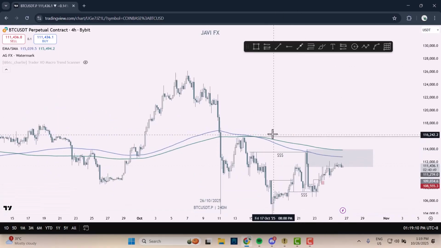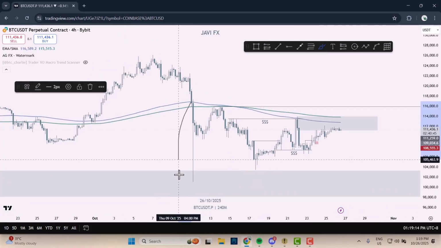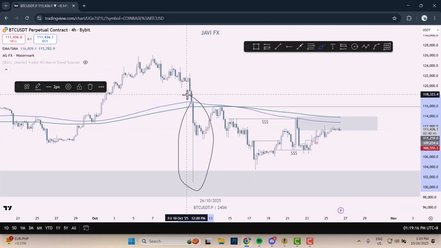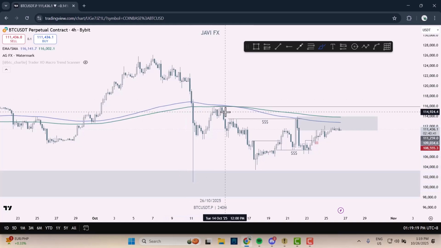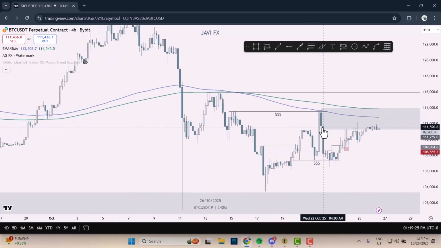All right. So this was that crazy move, right? On the crypto market in general, alts and Bitcoin, ETH, everything got obliterated.